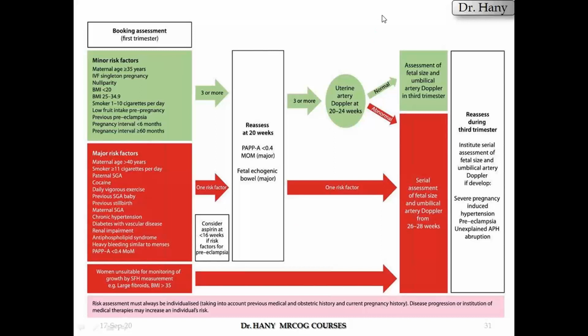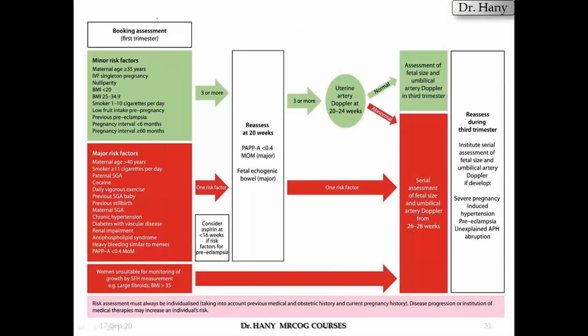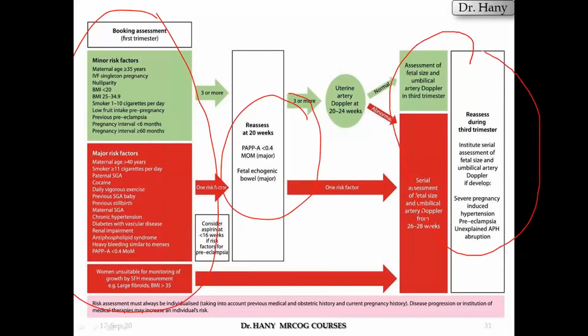I know all of you know about this, but I will just highlight the exam points: at booking in the first trimester, at the anomaly scan at 20 weeks, and in the third trimester.